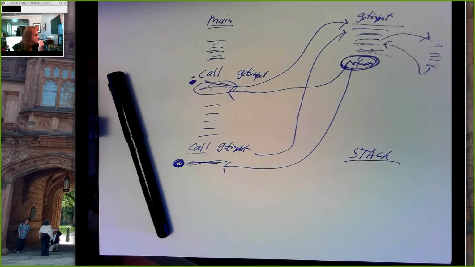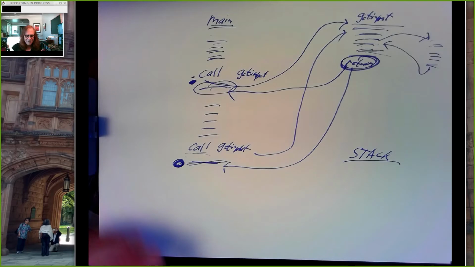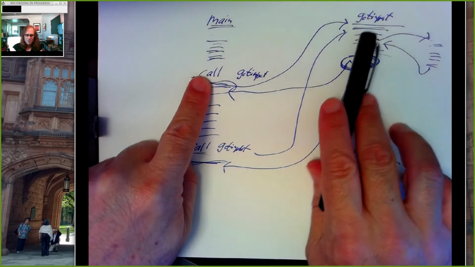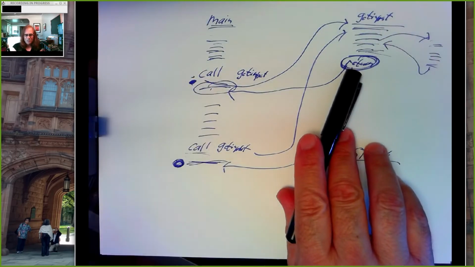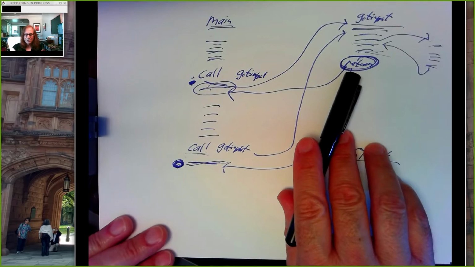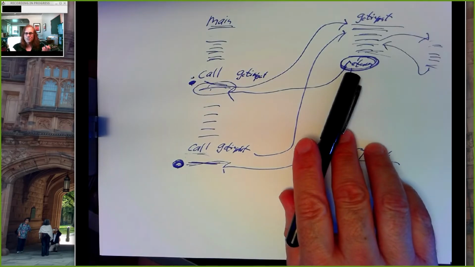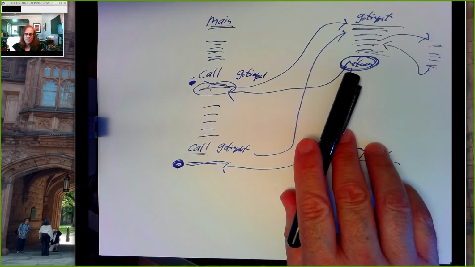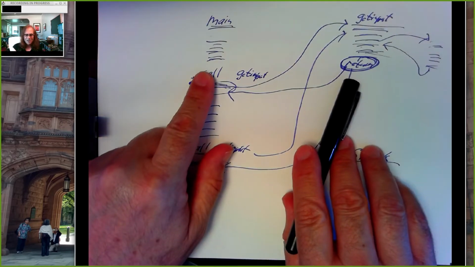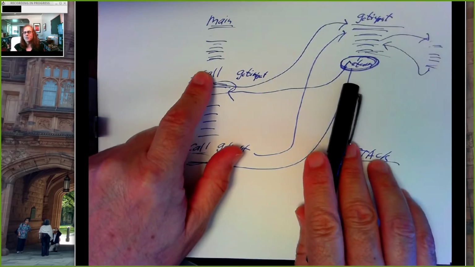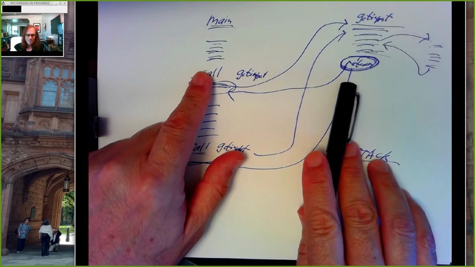Let's see, what would happen at the end of the branch if you used goto? So if I said go to get input, you can't use return if you haven't used call. Return means go to the address that you saved when you said call. So if you didn't say call and you said return, you get a system error. The CPU resets itself.